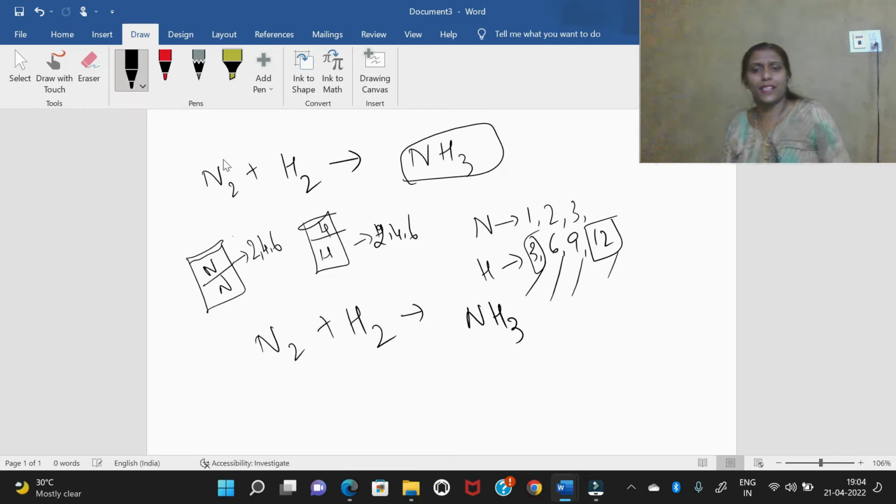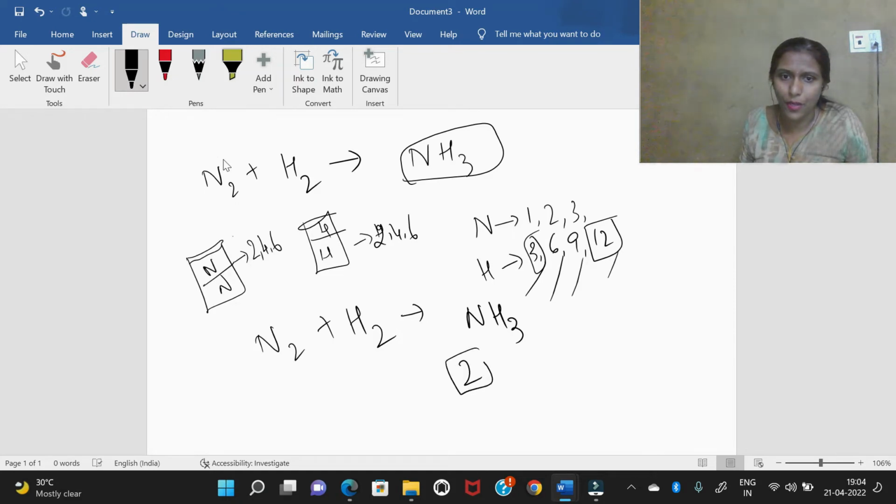Okay, so now let us write down. You said it is N2. I'm supplying 2 kgs at a time, so this has to be 2. NH3 has to be 2. If that's the case, will I be able to balance? But I'm supplying 2 hydrogens. When I say 2 bags of NH3, it means hydrogen becomes 6 kgs. But here my supply is only 2 kgs.